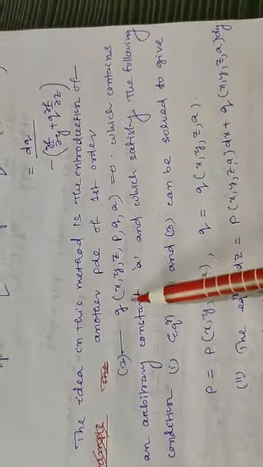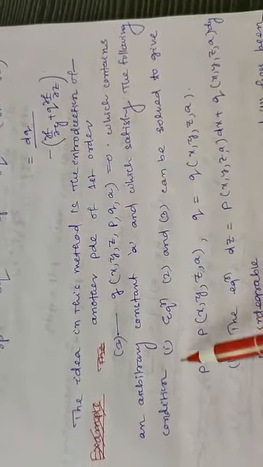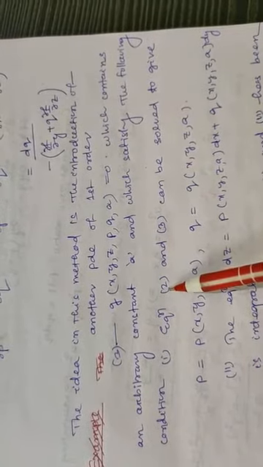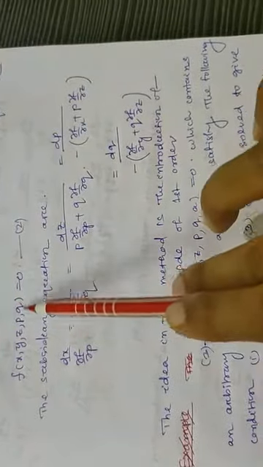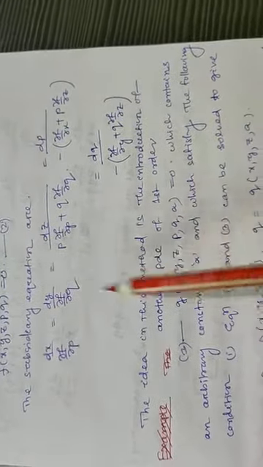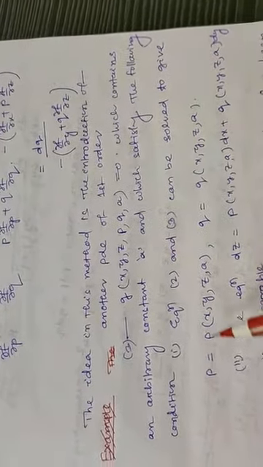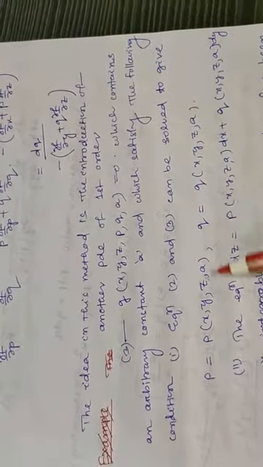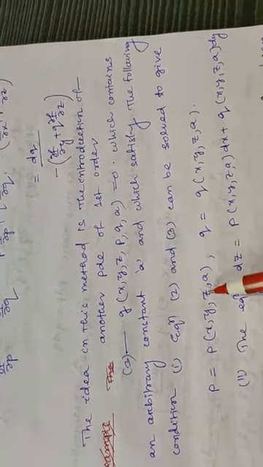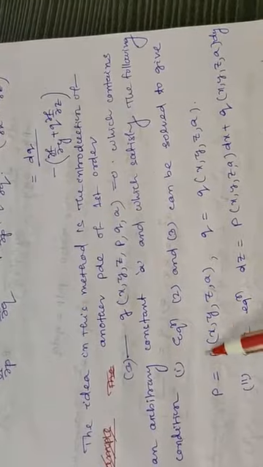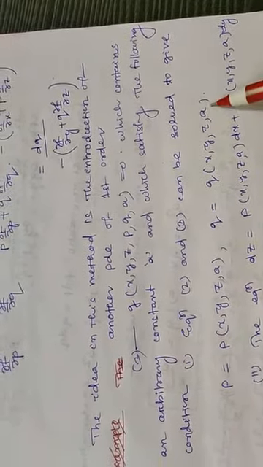We obtain a first order PDE of this form, and from this and this one, f of x, y, z, p, q is equal to 0 and g of x, y, z, p, q, a is equal to 0, we obtain p and q in terms of a, x, y, z. P in this form and q in this form.